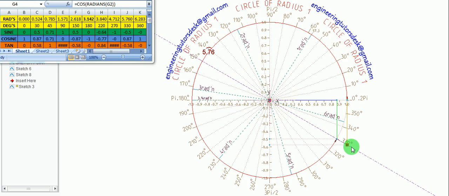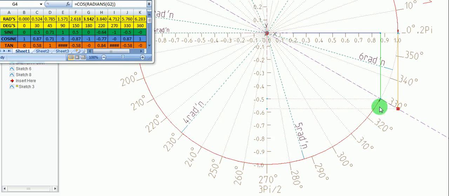At 330 degrees, the measured height of the sine is minus 0.5, the measured length of cosine is 0.87 positive, and the measured height of the tan is minus 0.58.